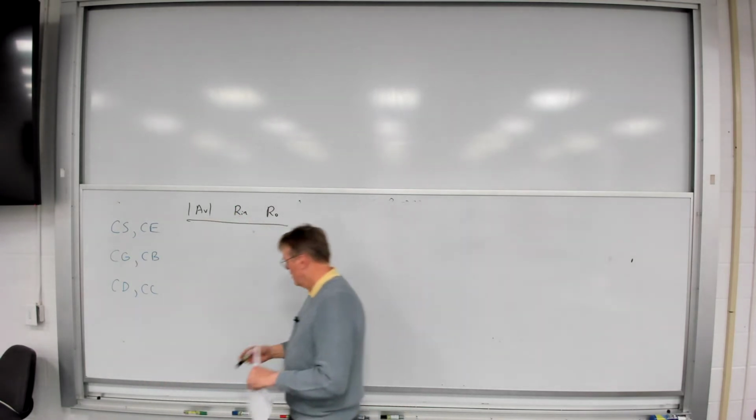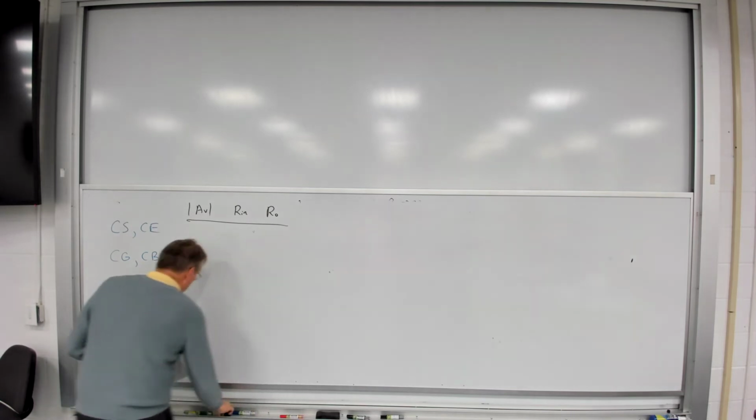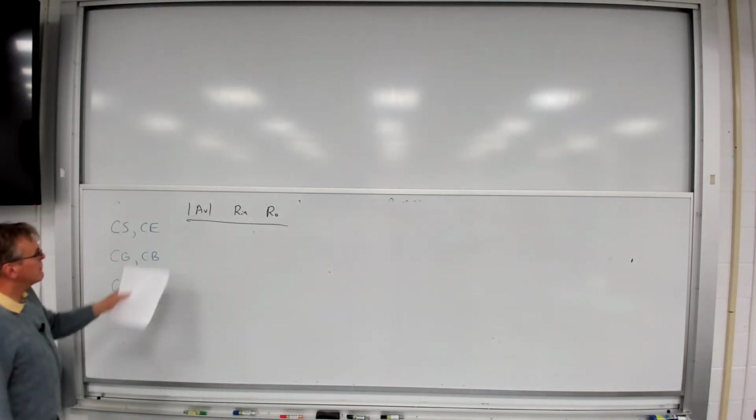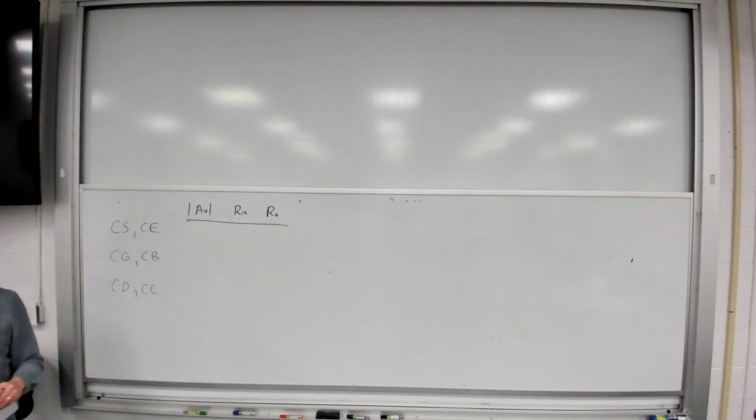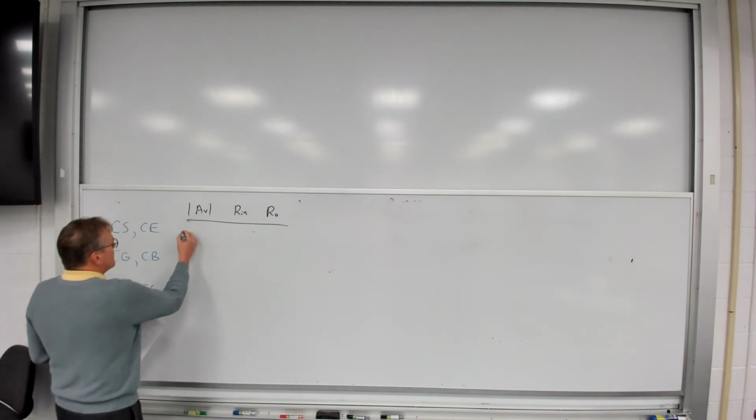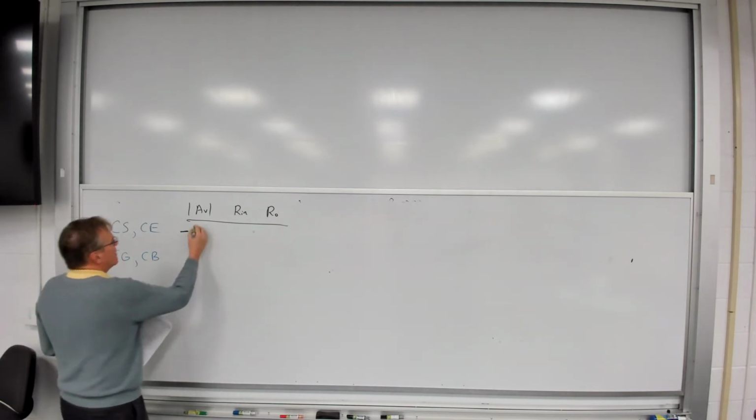For a common source, common emitter amplifier, the gain is typically going to be moderate to high, which is what we normally aim for. And it's going to be an inverting gain.